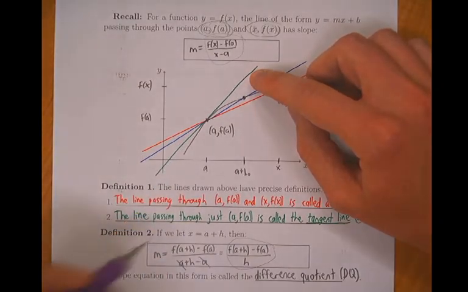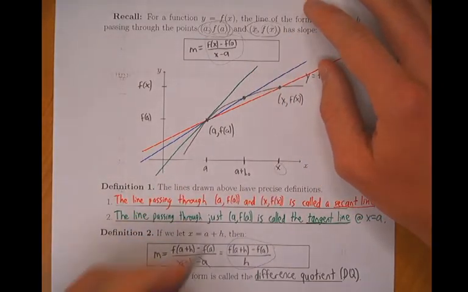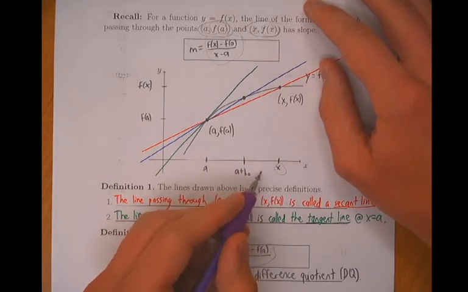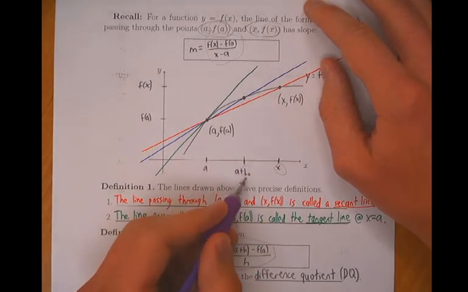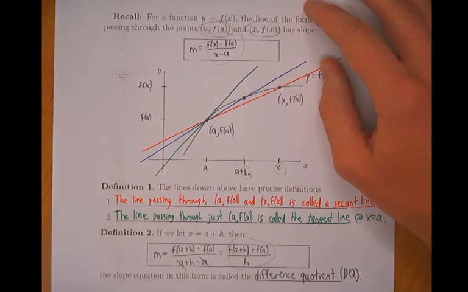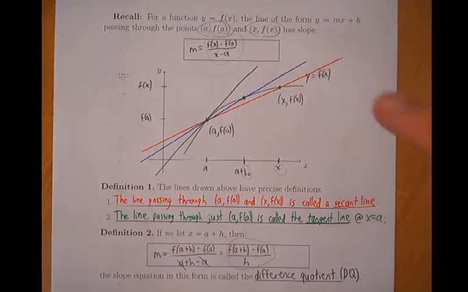So let's focus on what happens if we let our h values get closer and closer to 0, since h corresponds to the distance between x and a.